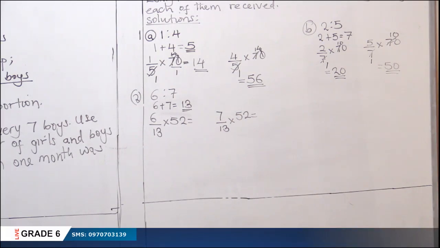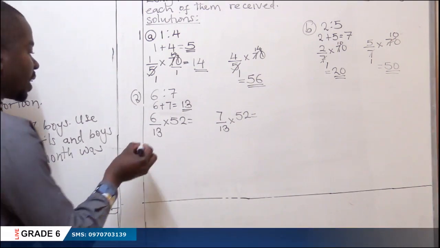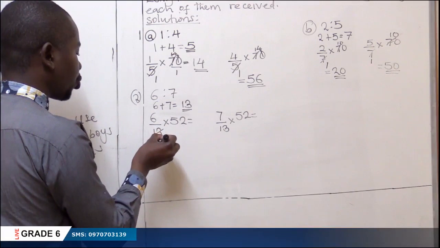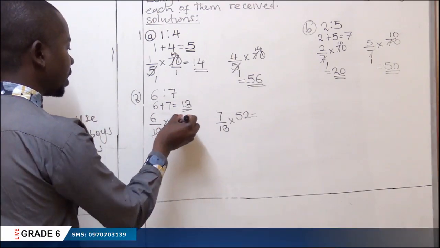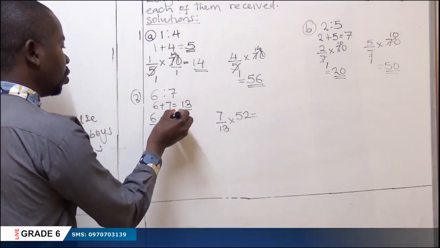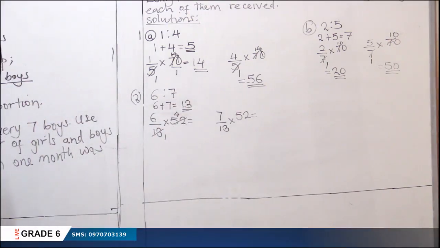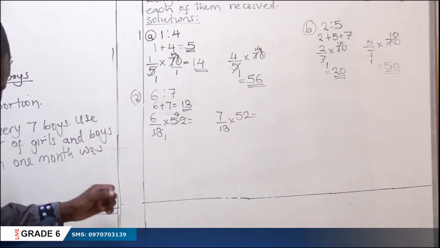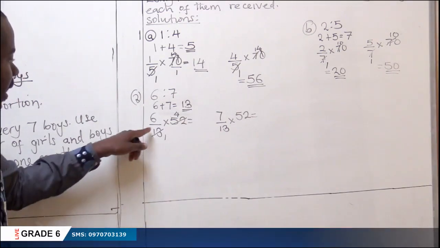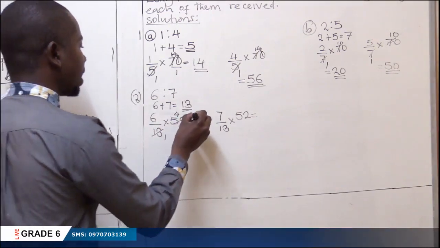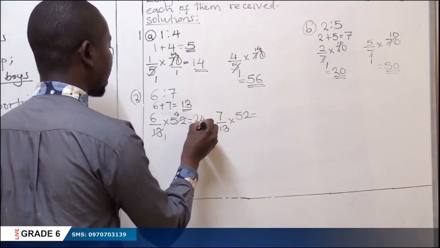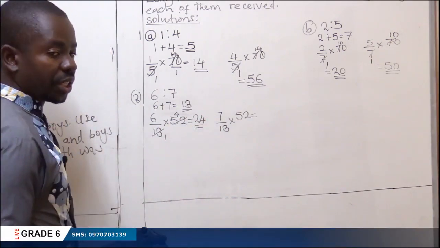For 6 over 13 times 52, 13 into 13 is 1, and 13 into 52 is 4. So 6 times 4 will give us 24.